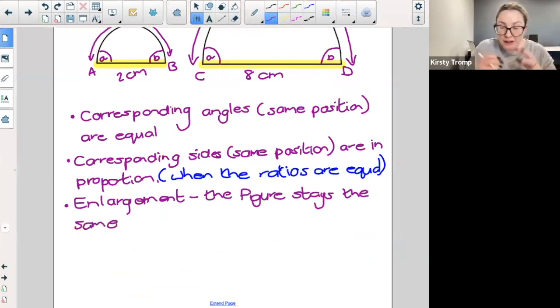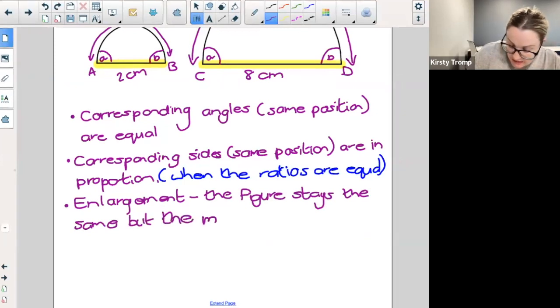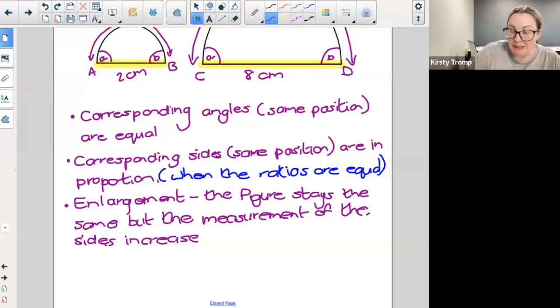So the actual figure stays the same, but the measurements of the sides increase. So the figure stays the same, but the measurement of the sides increases.